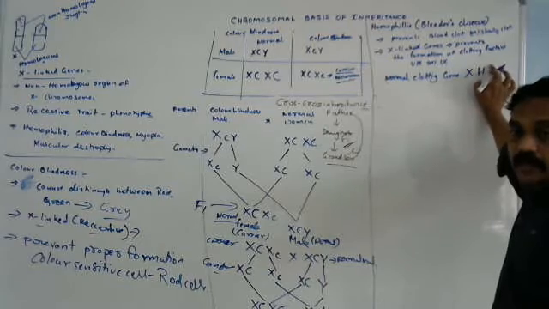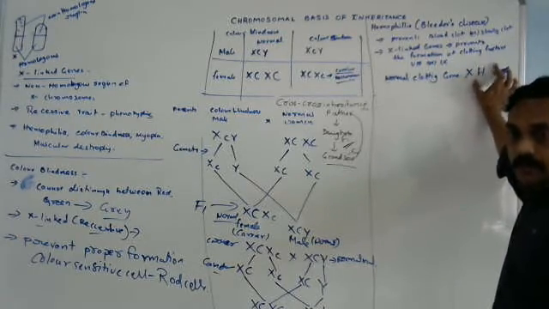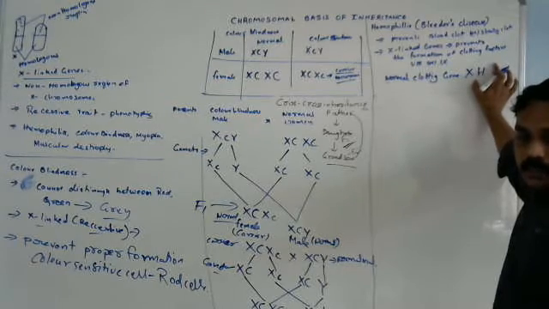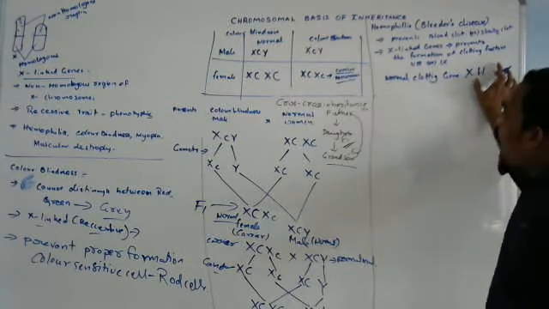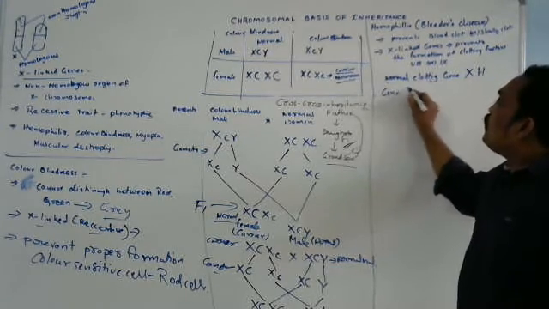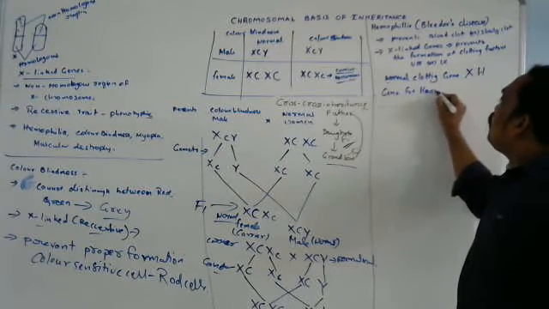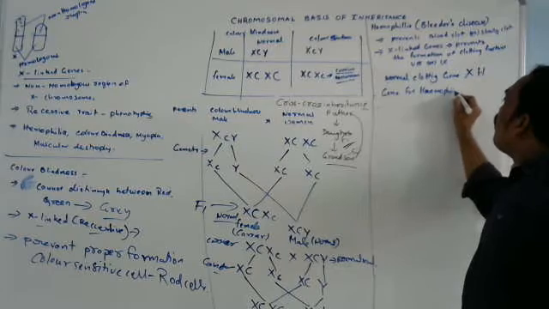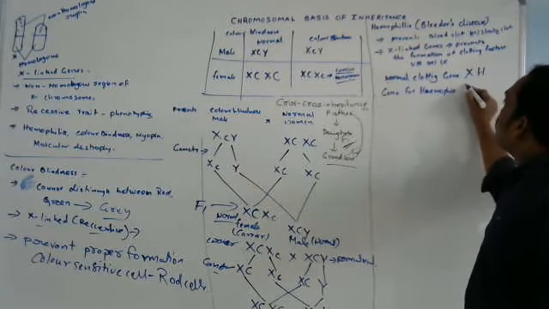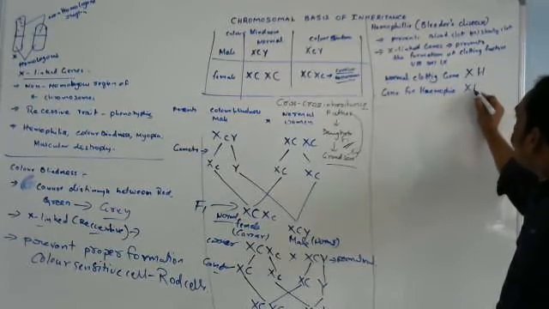They don't have hemophilia, so they have proper formation of the eighth and ninth factors. But for those who suffer with hemophilia, the gene for hemophilia is capital X and small h.